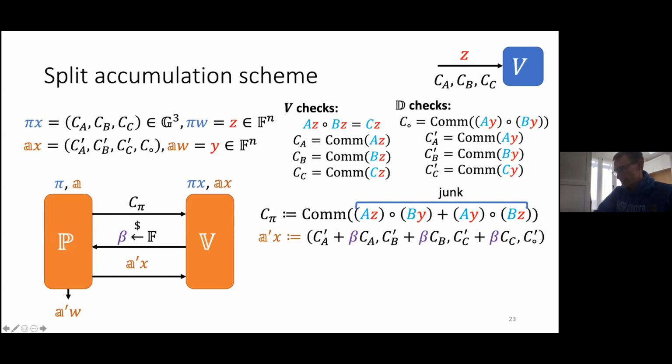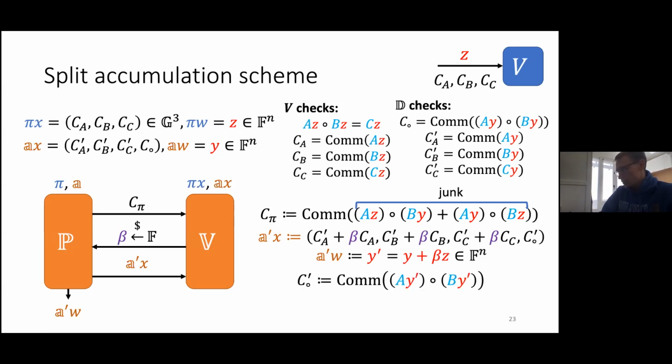So then what we'll get is that our accumulator is equal to A prime X, and we still take exactly the same linear combinations between A prime and beta CA, B prime and beta CB, C prime and so on. For the witness, we also take exactly the same linear combination.